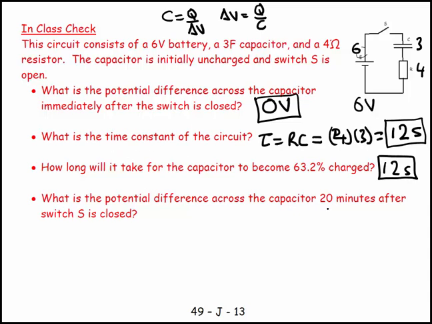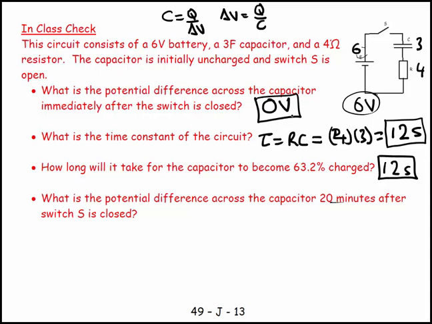What is the potential difference across the capacitor 20 minutes after switch S is closed? I don't need an equation to sort that out. When I first start, I have no voltage across the capacitor, and all the voltage is across the resistor. Then as I build up more and more charge on the capacitor, I get more and more voltage, and less and less voltage available for the resistor.